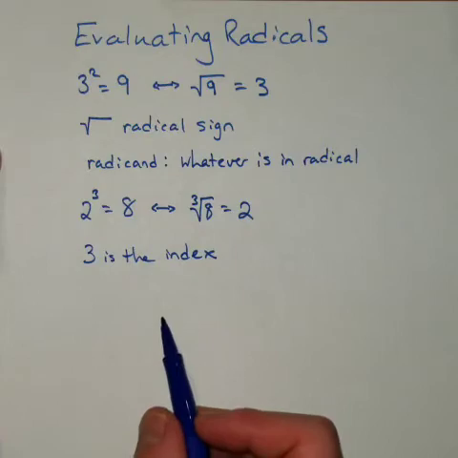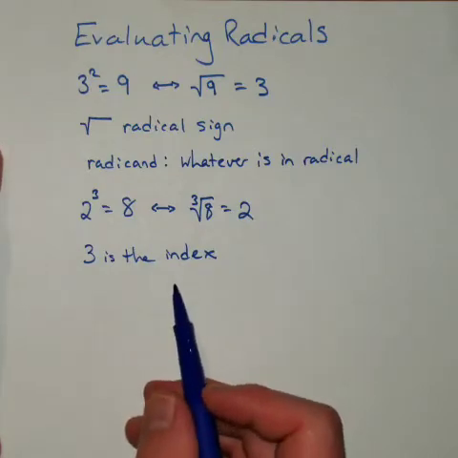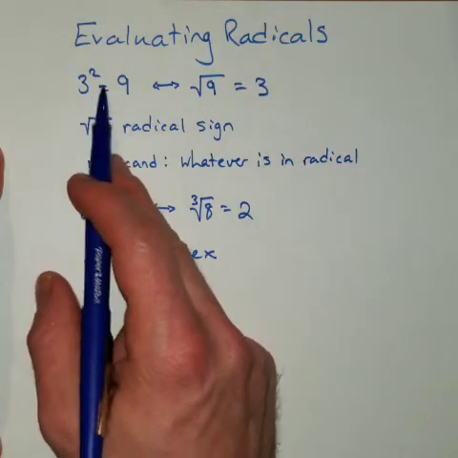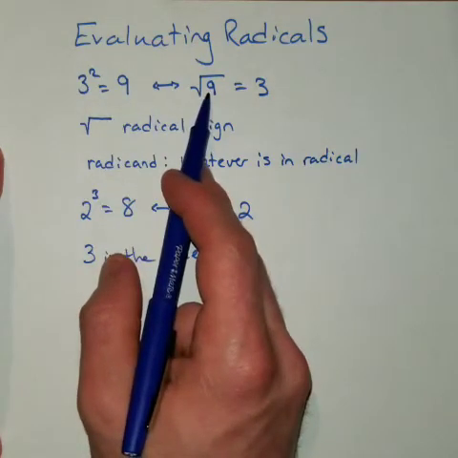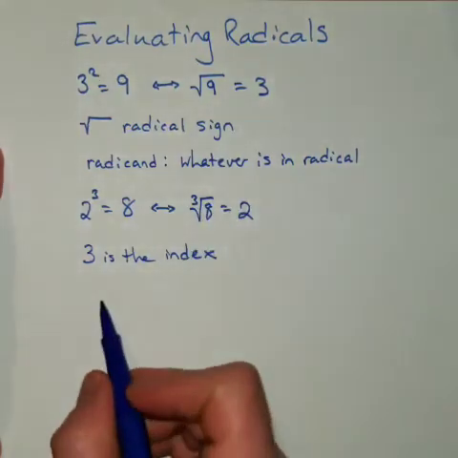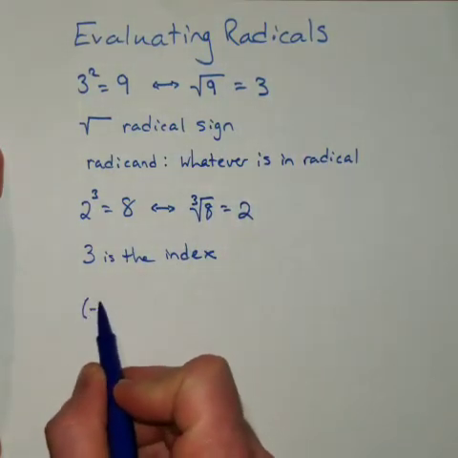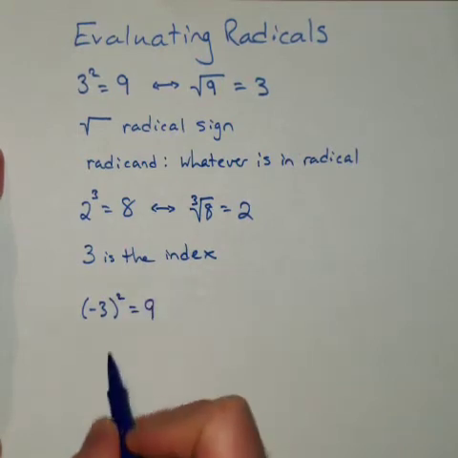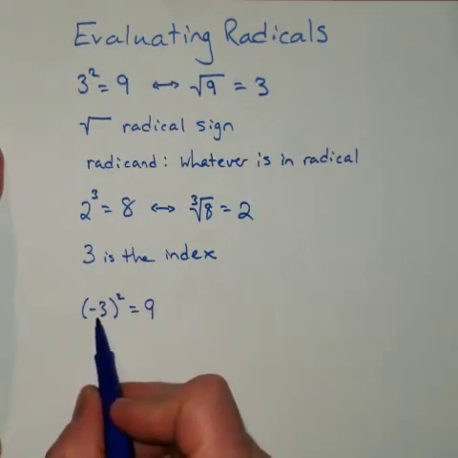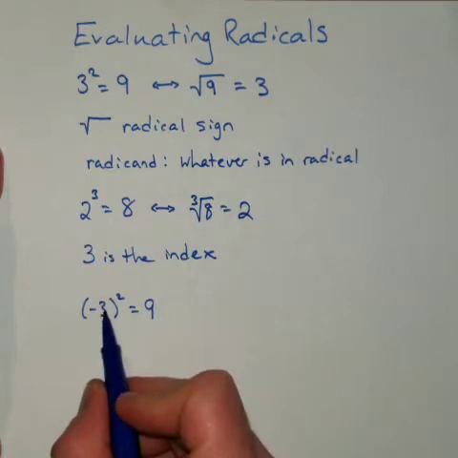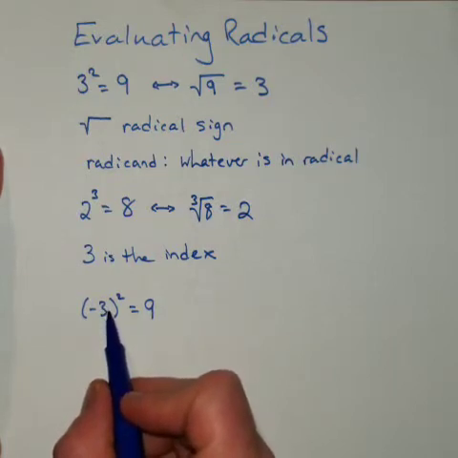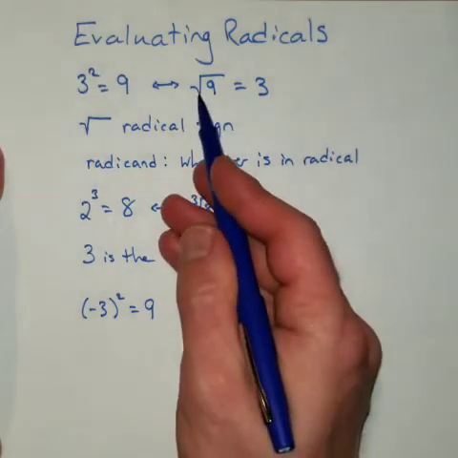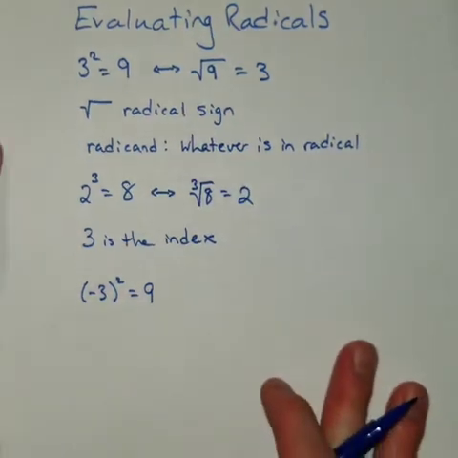A couple other things I do want to mention as well is that even though 3 squared equals 9, and that tells us the square root of 9 is 3, we also have another number whose square is 9. However, we don't use that number, the negative 3, when we take the square root. And that is just a convenience. We're going to define this radical as what we call the principal square root.